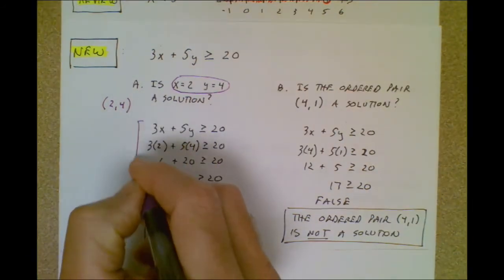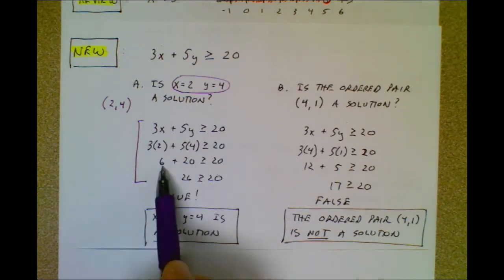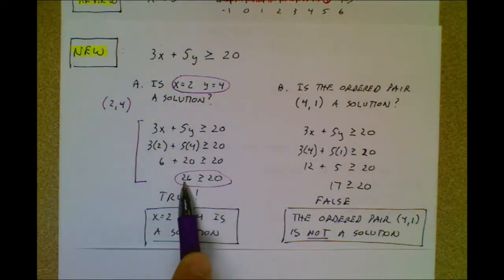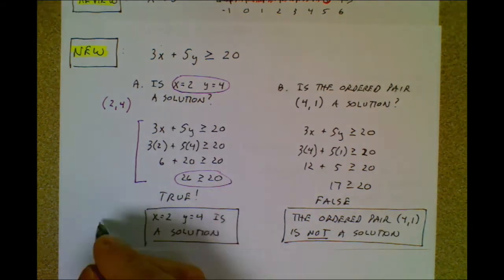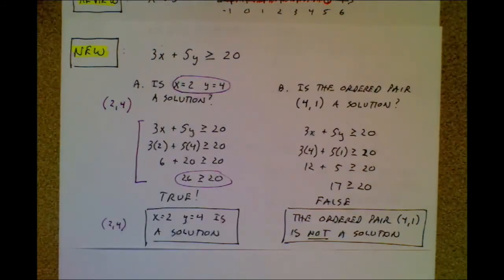So you'll notice that I've done it here. I take the original inequality, I plug in, I do the math, and I come up with a true statement. 26 is greater than or equal to 20, so that means x equals 2, y equals 4 is a solution. Or I could say the ordered pair 2, 4 is a solution to that inequality.